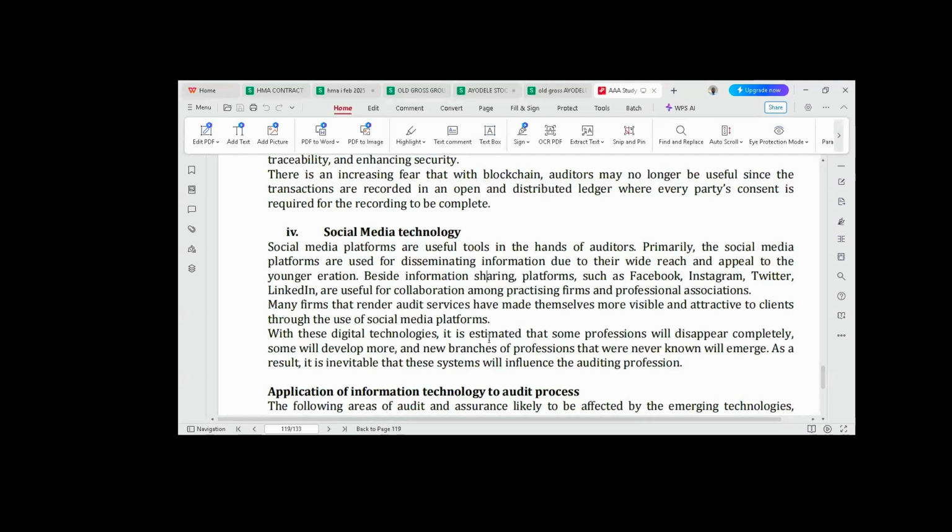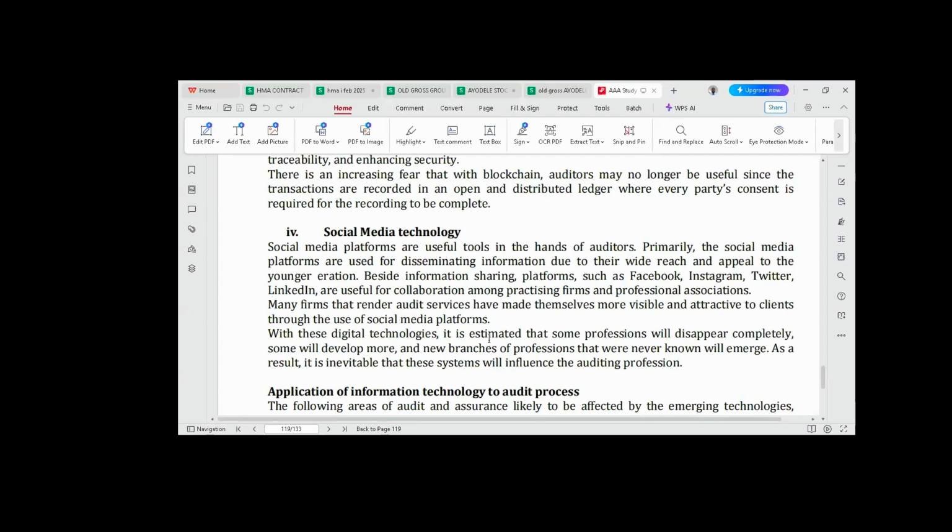You can see that the audit firms have also embraced it. I'm not sure there's any audit firm in Nigeria, especially the big four and the small, medium, and second tier audit firms, that don't have their social media handles active. So if you want to make an inquiry, you can get the information from their social media platforms.